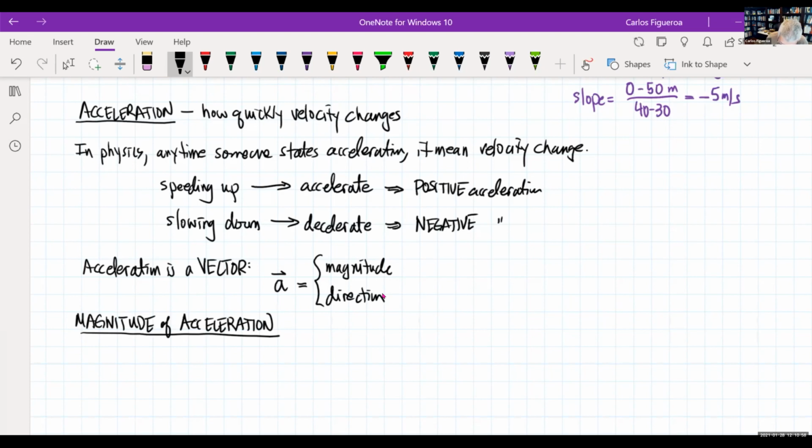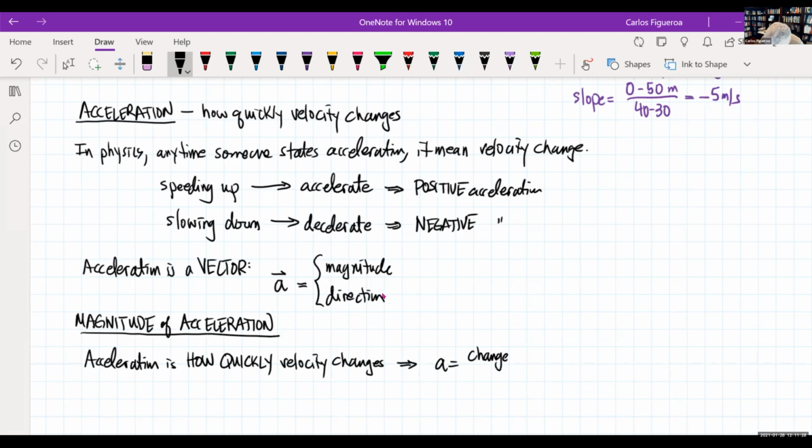So if I was to just say a simple definition, we say that acceleration is how quickly velocity changes. And so mathematically, the way we write it here is that acceleration is the change in velocity divided by the time interval of change.